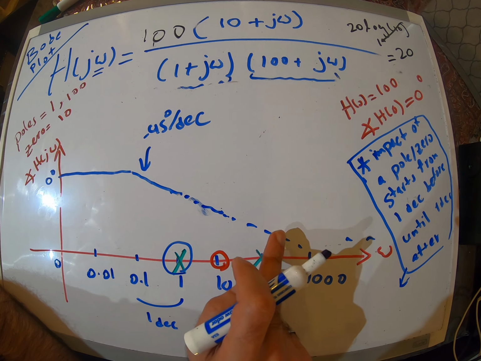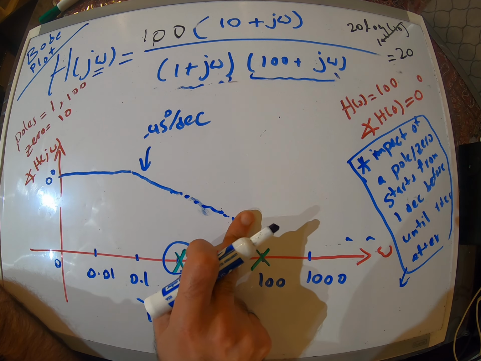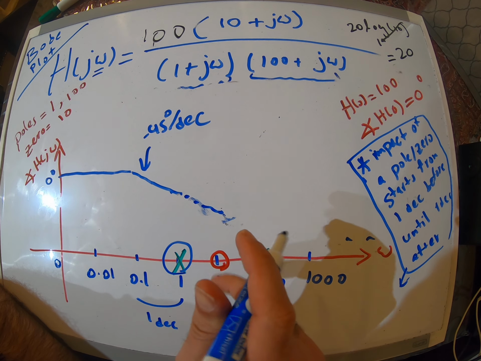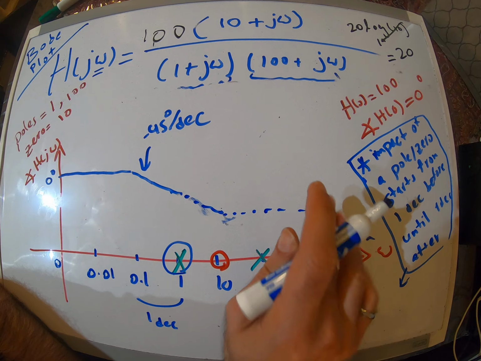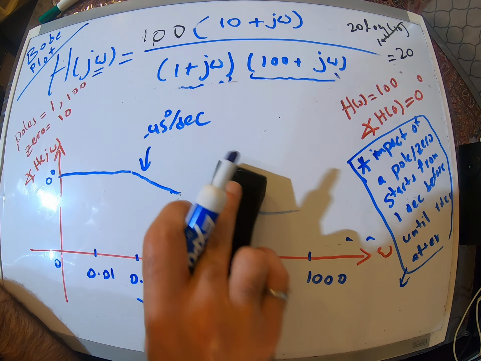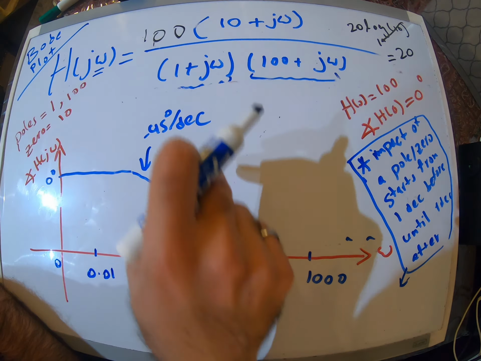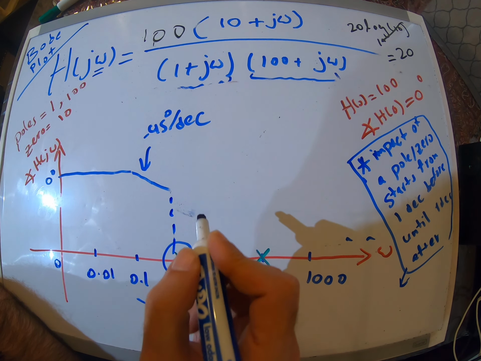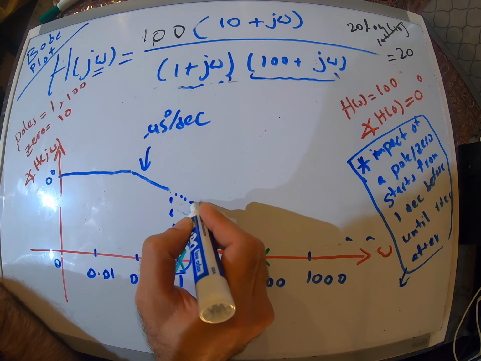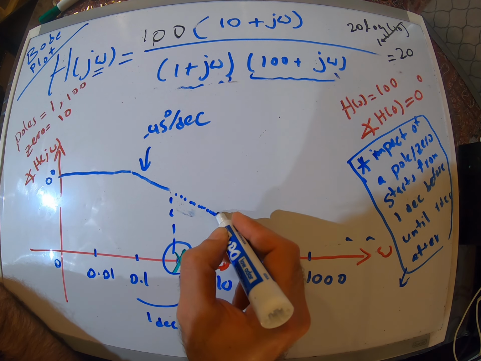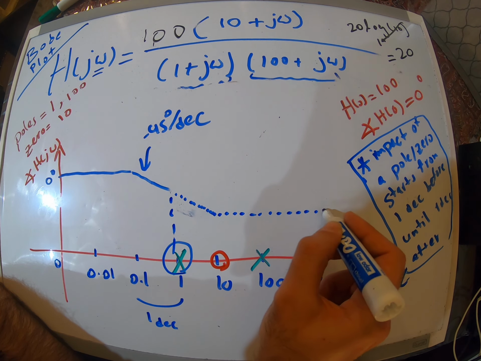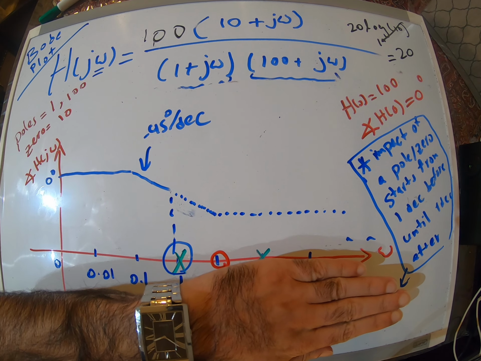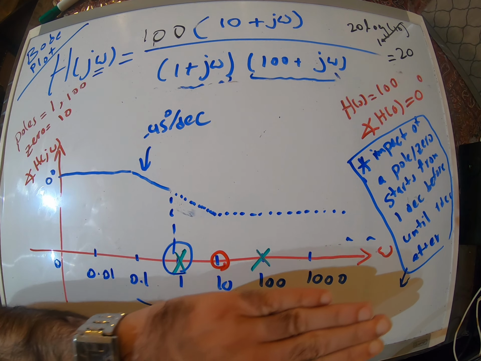And it's going to stop 1 decade after. Sorry, let me make it more clear here. So it's going to start here, it's going to go down, and then it's going to stay like this. If we didn't have any other poles or zeros, this would be the thing that happens.